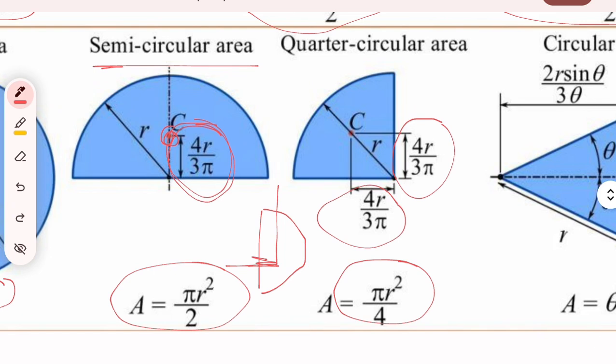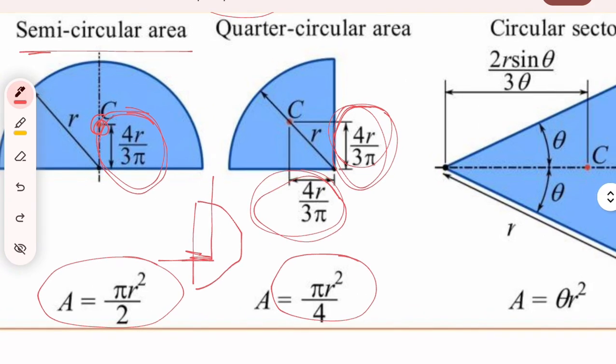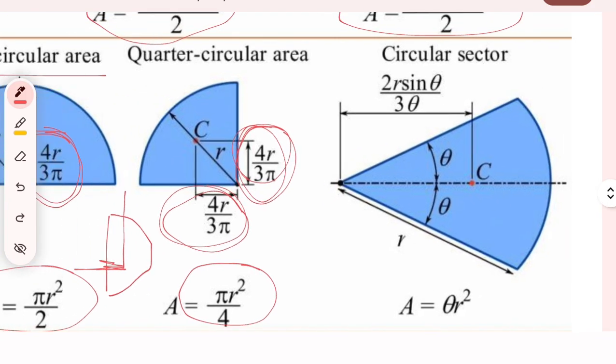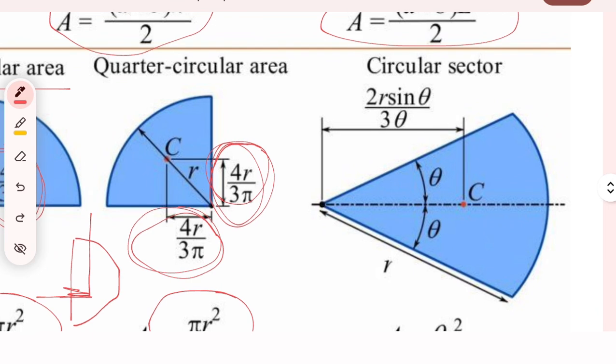Always remember how it is oriented, right? Because usually during exams, these shapes are rotated. If it is rotated during your exams, then you need to remember how these formulas were actually derived or written, and how it would look if you apply it to your problem.